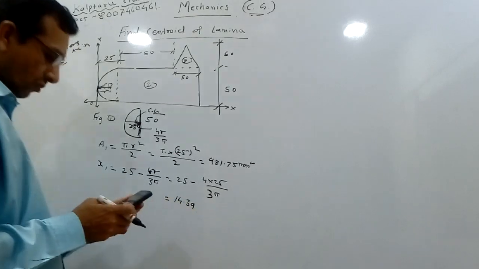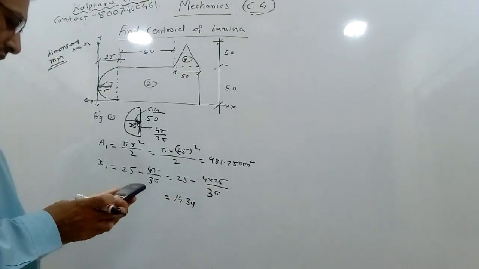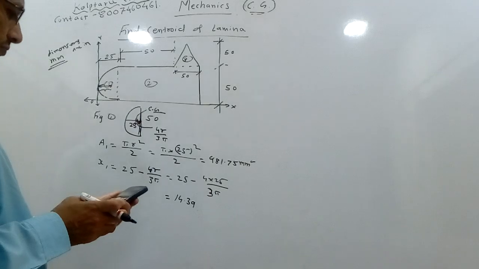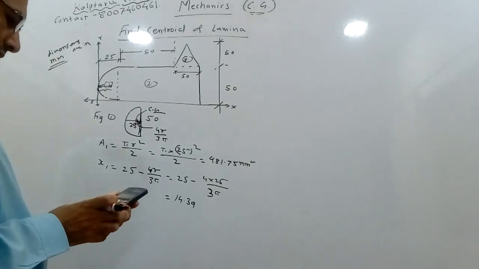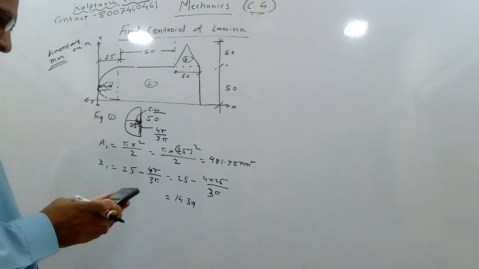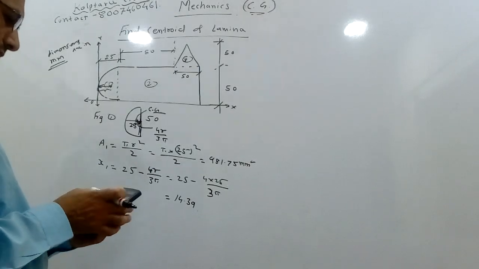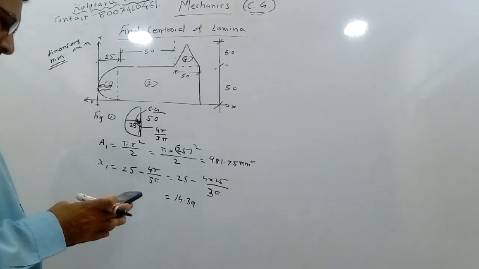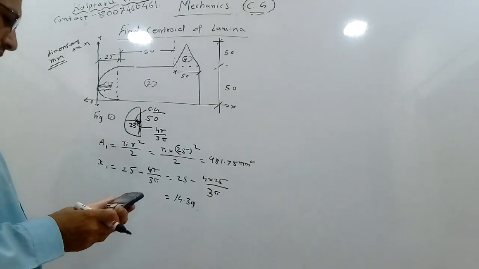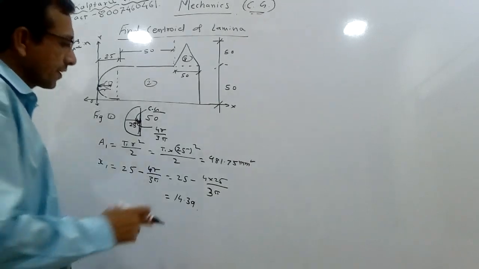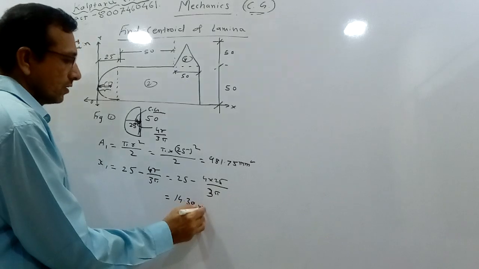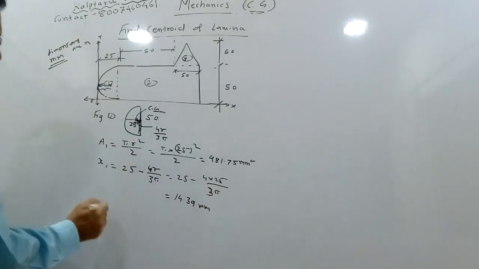Just once again cross check. It is 25 minus, 4 into 25 is 100, divided by 3 into pi. Okay, how much is it? 14.39 is the correct answer. Okay, millimeter. A1, x1.